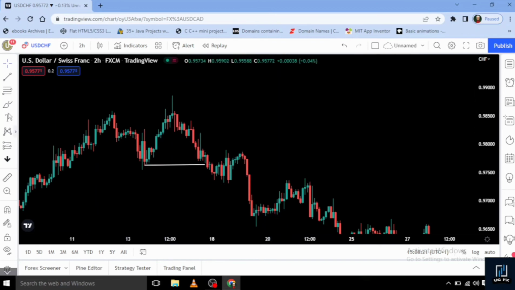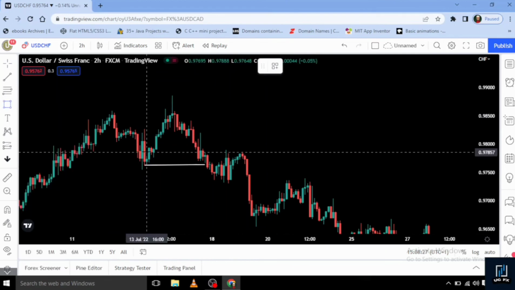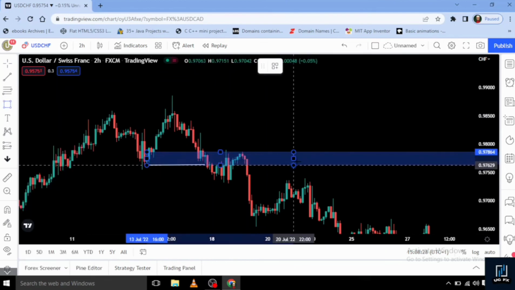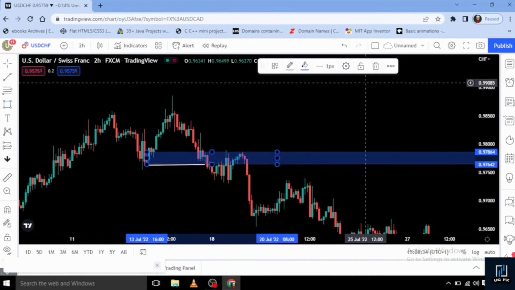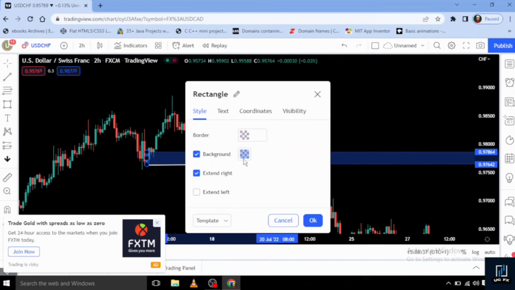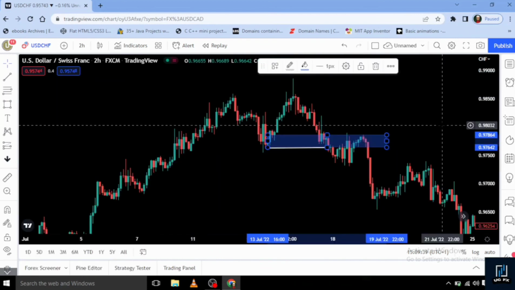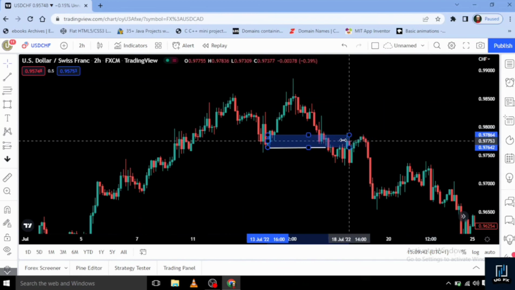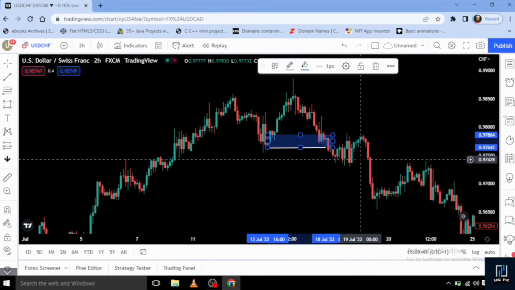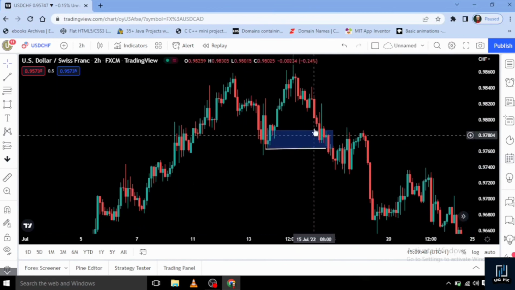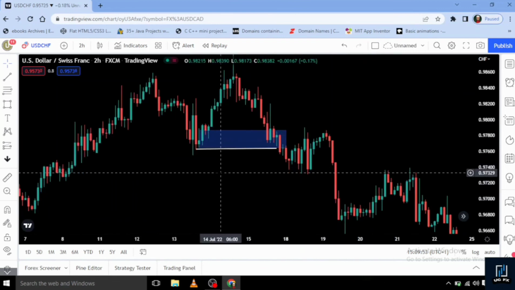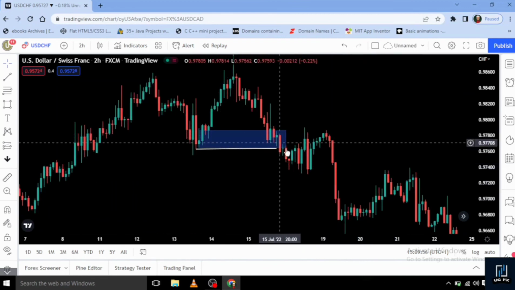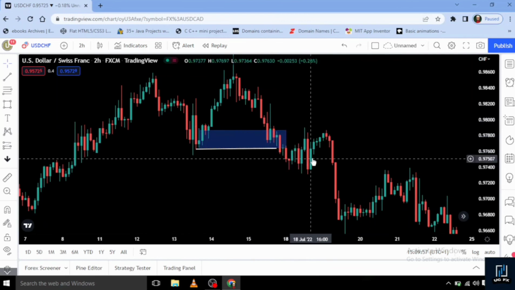So here we had our breaker block right inside this area, and price came back, tested the last candle that took out this breaker, and then moved from that area. If you watch the video on breaker blocks, you would understand more on how to capitalize on entries like this.